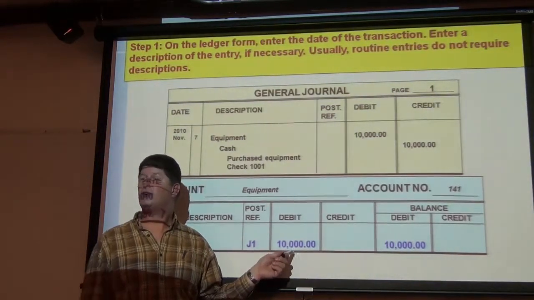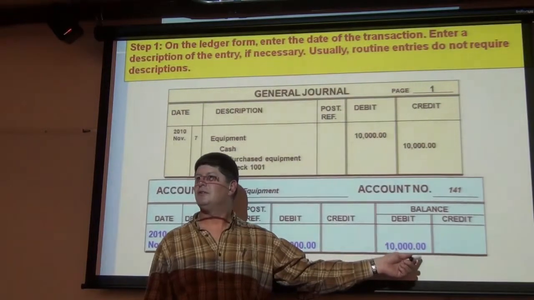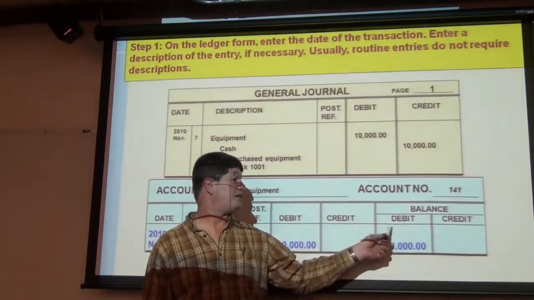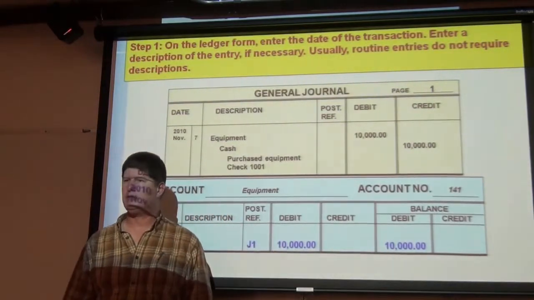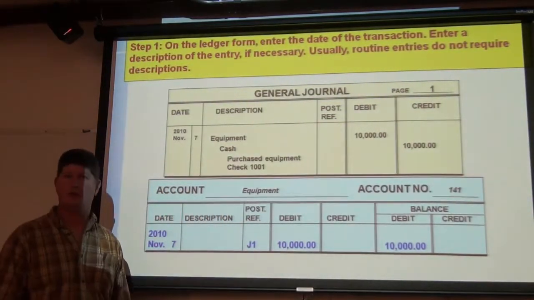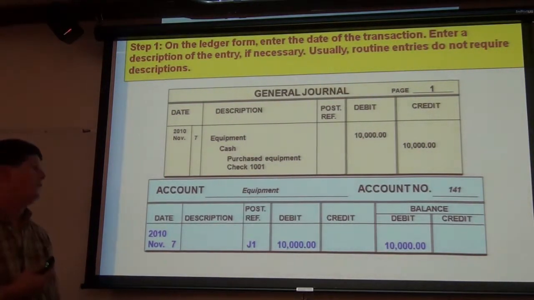Assuming my account had a zero balance, what's my ending balance? $10,000. Okay? If it had a balance, you take the balance from the prior line, you add or subtract the $10,000, and you show the new balance. Really tough. Would that be the prior month's balance, something like that? Yes. And we'll get to some of those in a minute where we'll show one. Or it might be next week, but we'll get there.